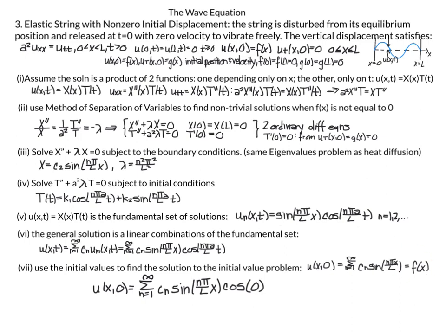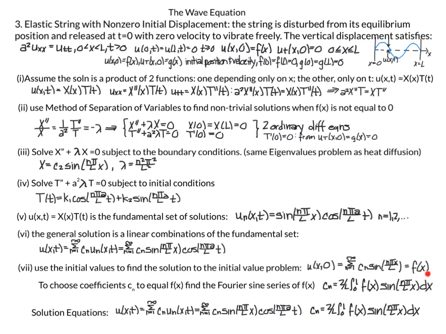If you look at this, what it is telling us is that Cn are the coefficients of f of x written as a sine Fourier series. So Cn is going to be equal to 2 over L, integral from 0 to L of f of x sine of n pi x over L dx, because this is how you get the Fourier sine series.